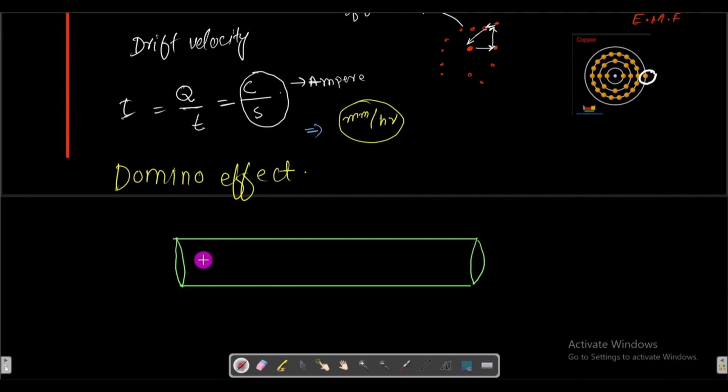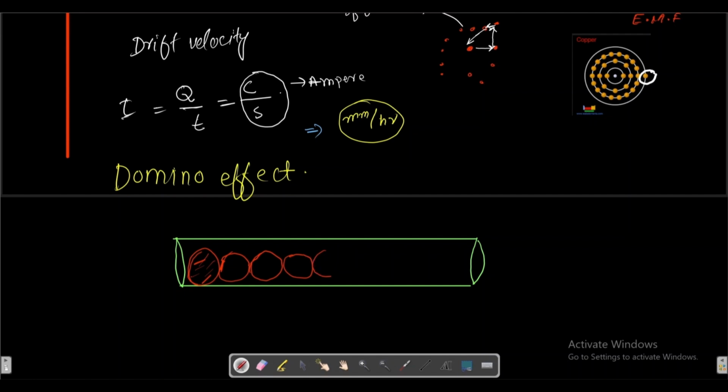Inside this pipe, we take spheres. This is one sphere, this is the other sphere, and this is another sphere inside this pipe.